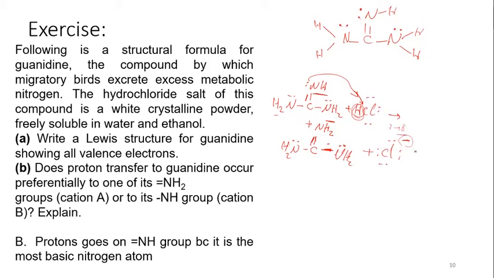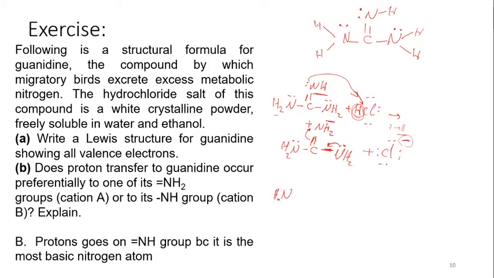This means I have to represent it as a negative charge over the chlorine. Now what will happen, this double bond may move around my structure. So it will move up here, because there is a positive charge on this nitrogen, and my two non-bonding electrons will move to that side.